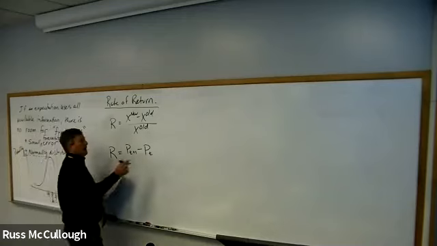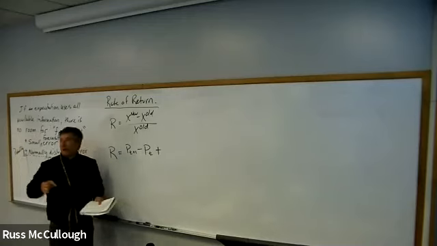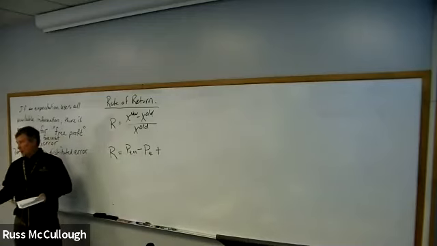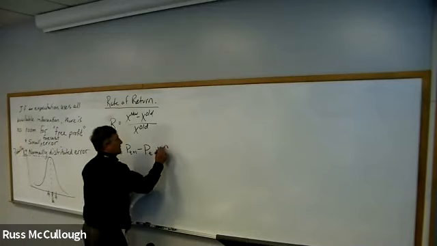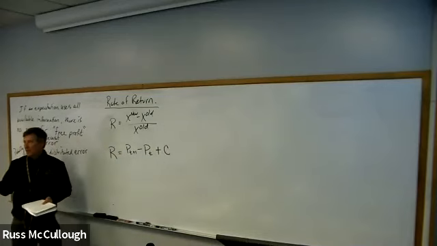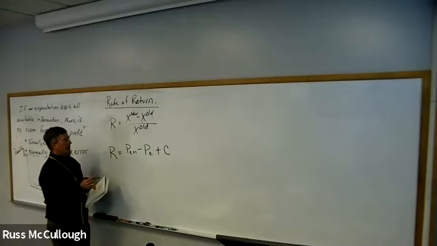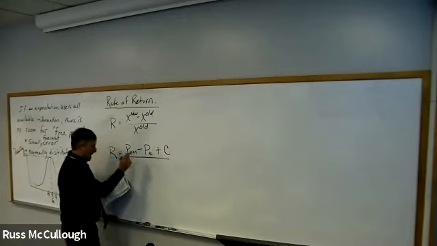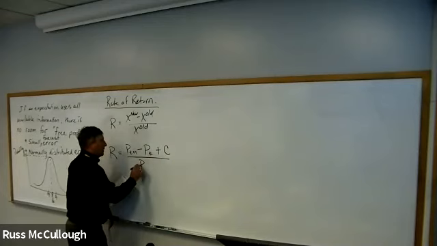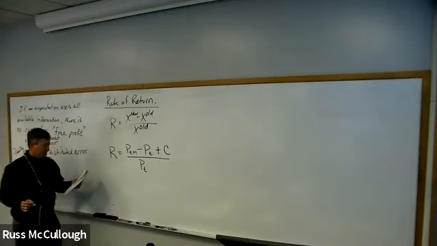But then we're also going to add a dividend or a coupon payment, which your textbook just puts as C, but it could be a dividend payment too. I'll define the variables after we write it out. Now divide that by the old number. And so that's your rate of return.